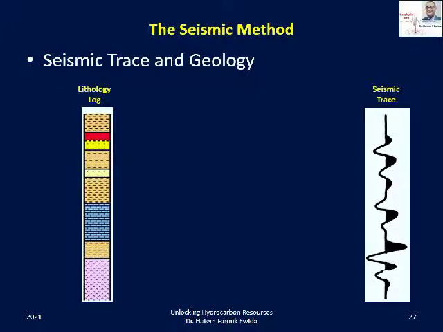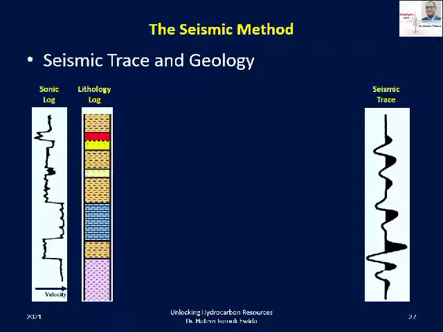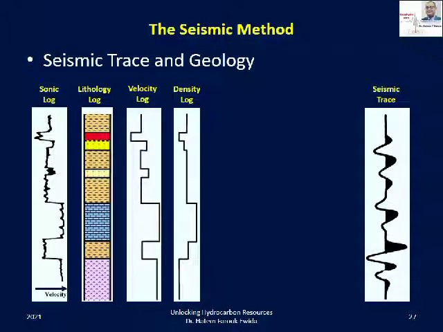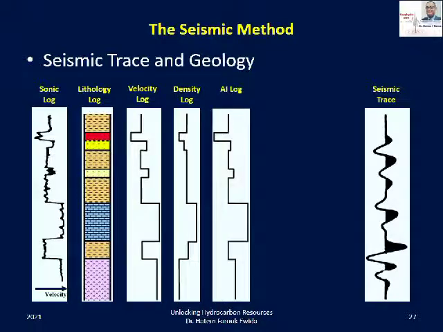Suppose that I have a well and I measured a sonic log. The sonic log can give me velocity, and the density log can give me the density of the rock. If I multiply both of them, I will have what we call the acoustic impedance log. Then I will calculate what's called the reflection coefficient.